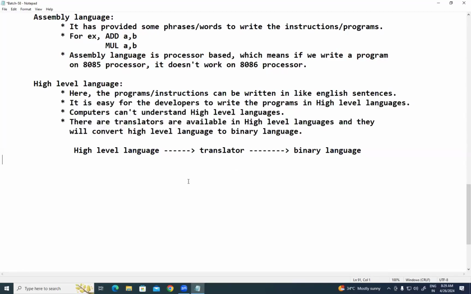First of all, are you catching my point? Then why are we unable to write programs in Hindi or programs in Urdu? Why can't we write the programs in Hindi or Tamil or Telugu or Kannada?